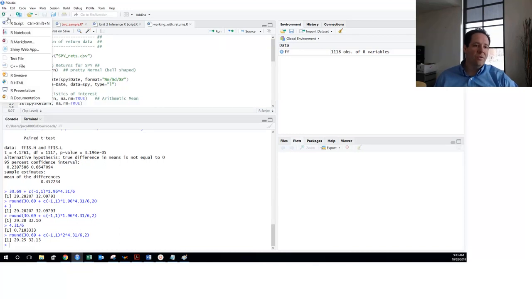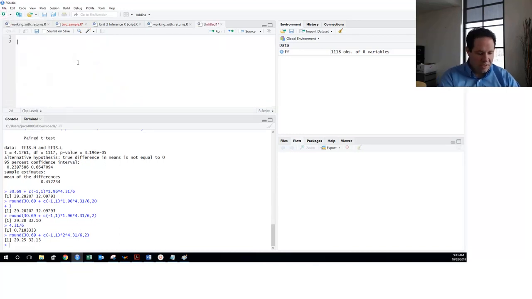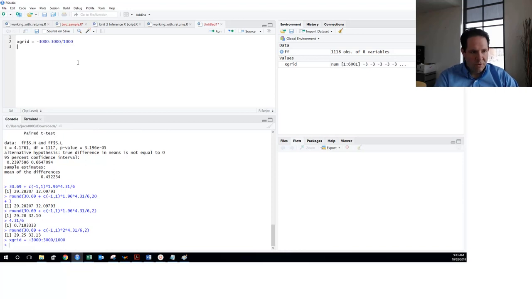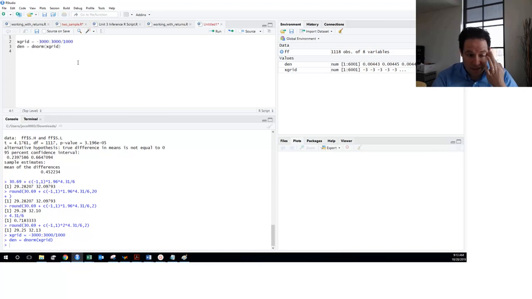I'm going to open up a new script just to give a graph of this. I'm going to go from -3 to 3. That'll give me a grid. And I will then plot this. I can find the density on this grid.